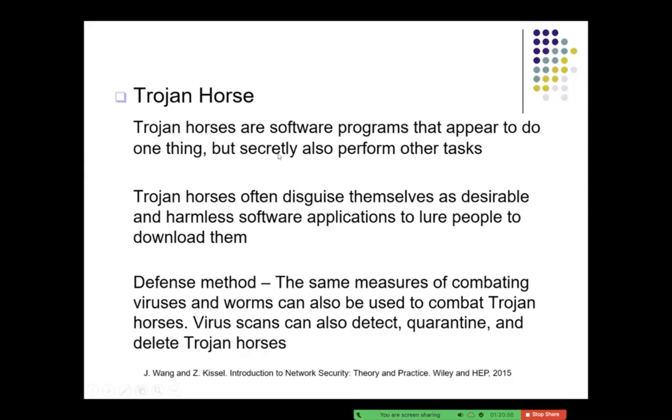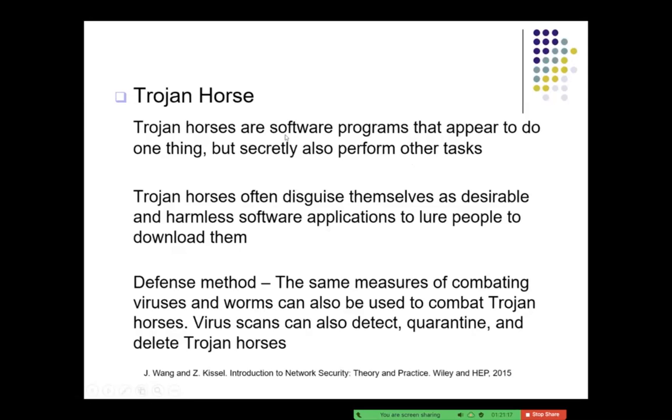A Trojan horse is also a program, but it appears to do something, and it actually does what it says it will do, but secretly, it also performs other things. It contains a piece of malicious code to do something you don't like.